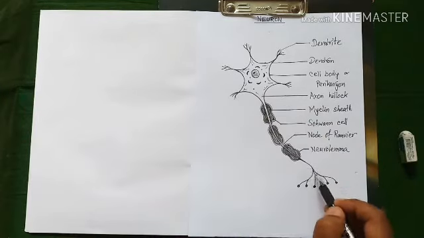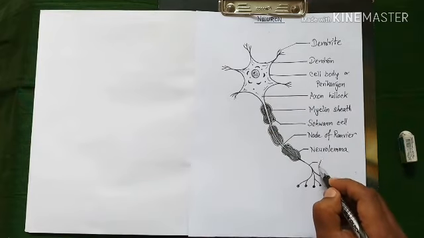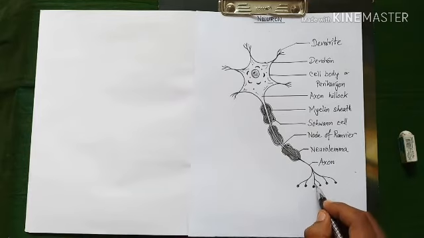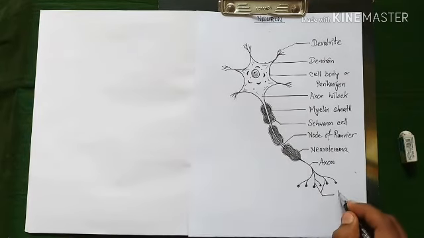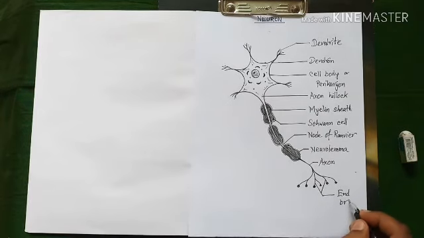And this entire stretch of the tail-like portion is known as axon. I am pointing out from here, axon. And then these portions are known as end brush, also known as axon terminals.